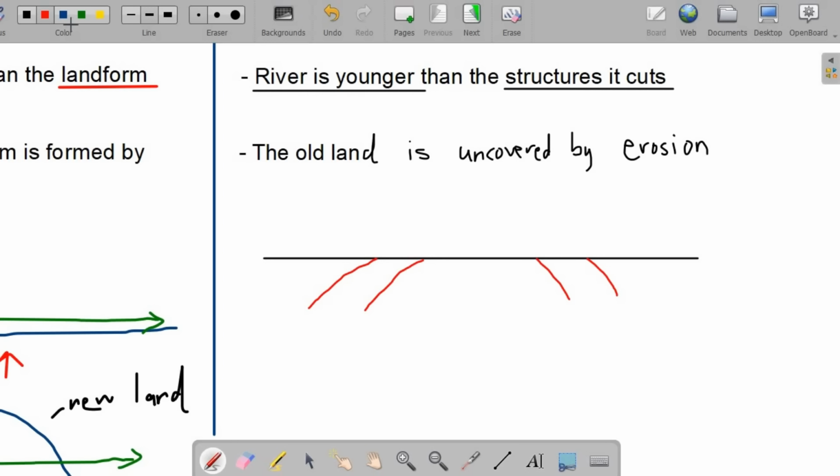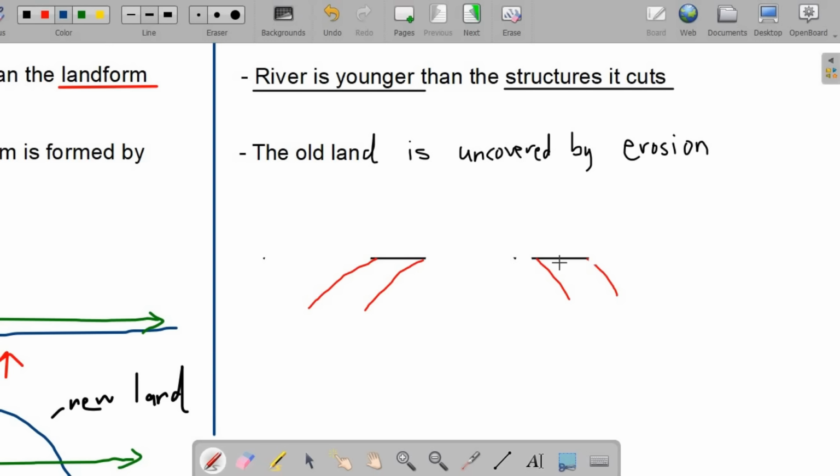Now, due to erosion, what happens is that you get to remove a lot of material there. So for example, due to constant erosion, you are going to remove this material in between there. Remove all that material, and you expose that land that was already there.